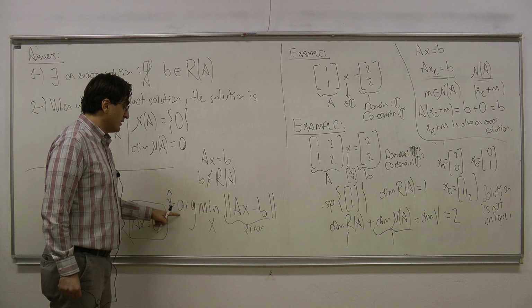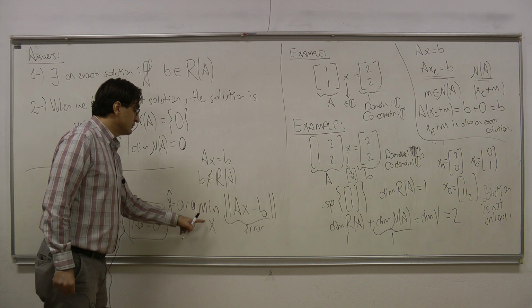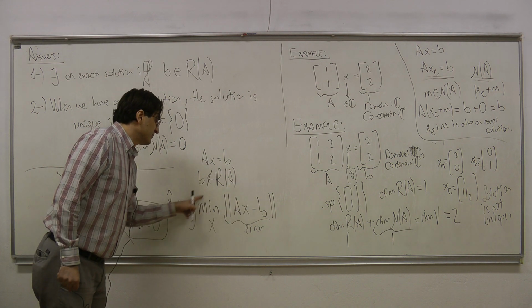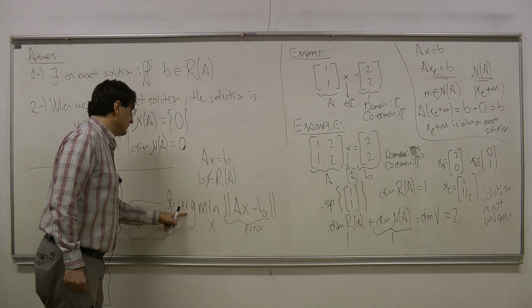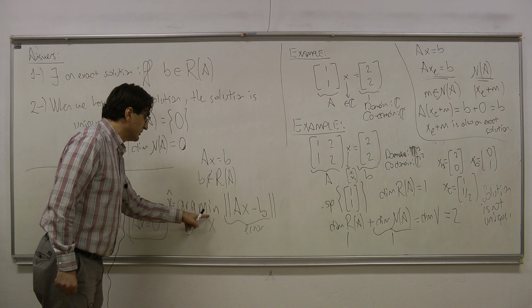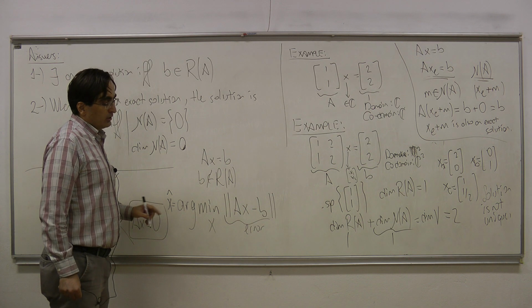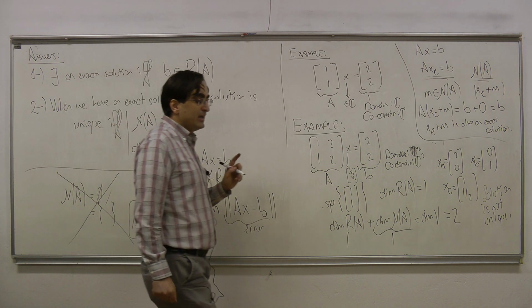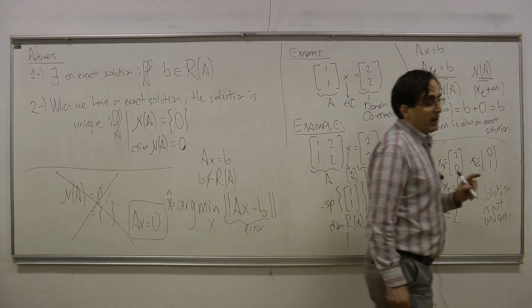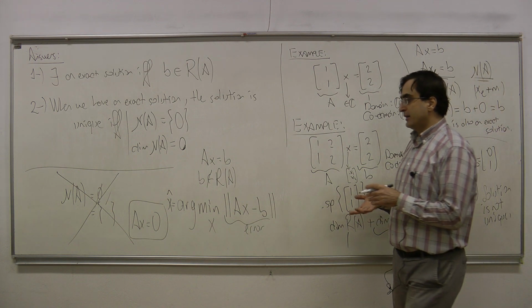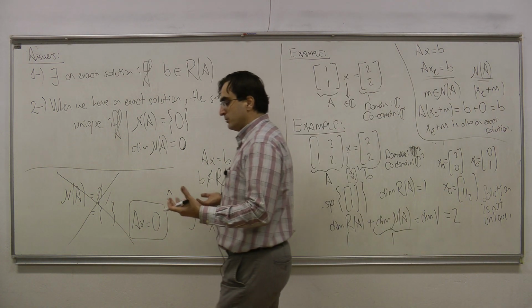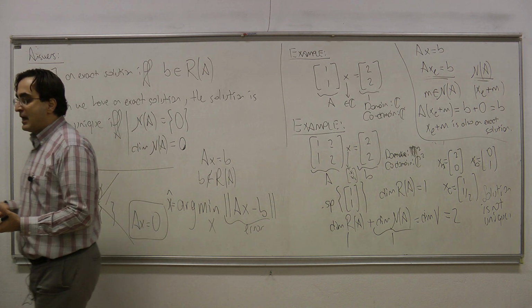And this arg is the argument of the minimization, the x vector which obtains this minimum value. Okay? It's called the argument of the minimization of this error. It's called x-hat, and it's going to be called the minimum error solution. And we will always be able to find it by using some ideas from the projection theorem.